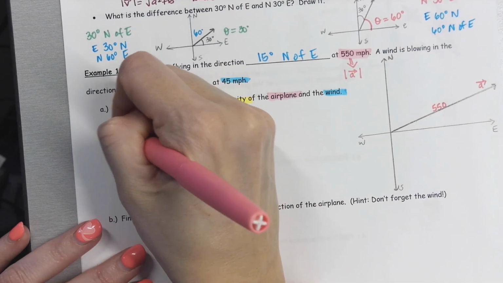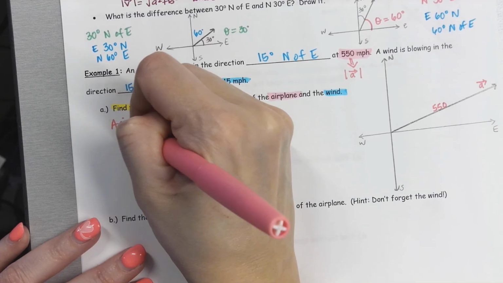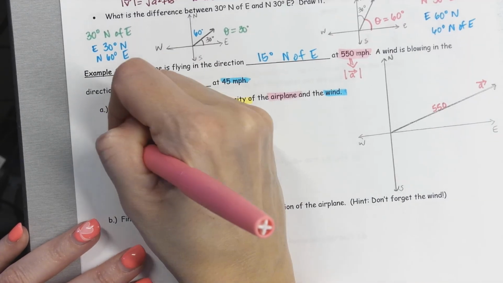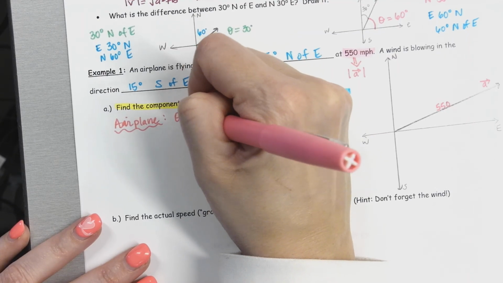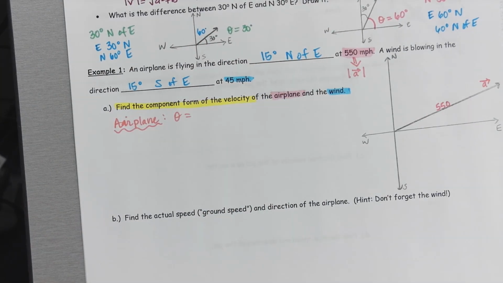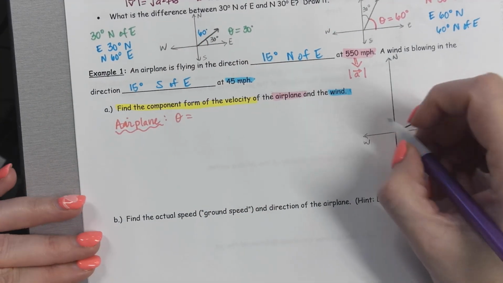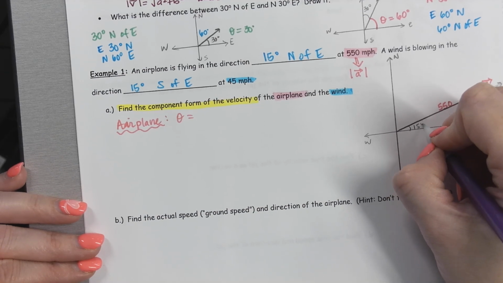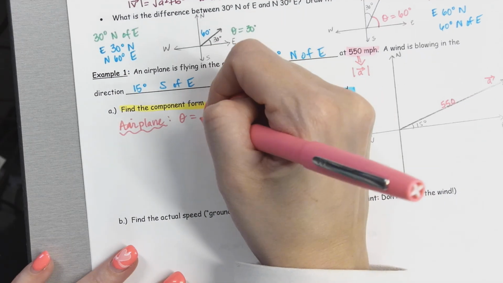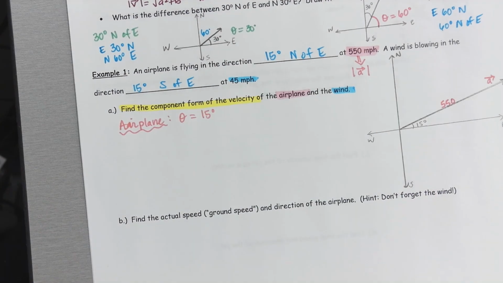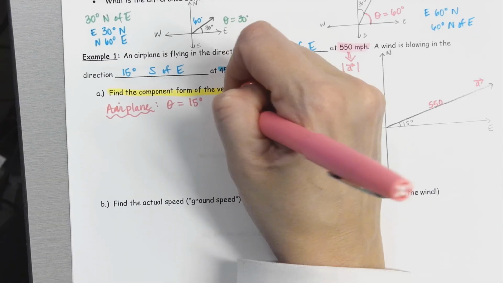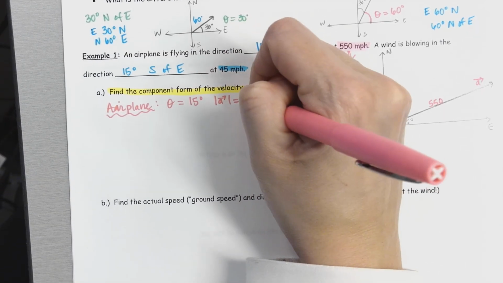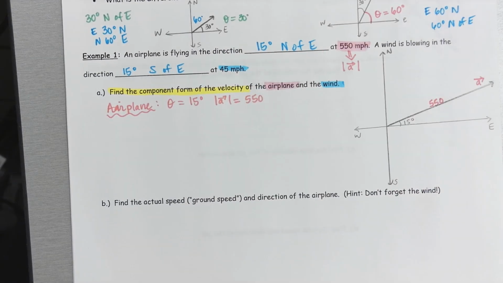So let's go ahead and find that vector. Okay, so here it was 15 degrees. That is going to be equivalent to our theta. The magnitude is the speed, 550.